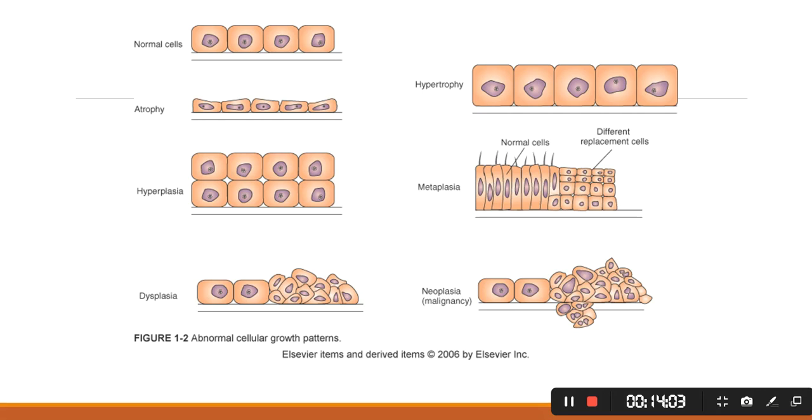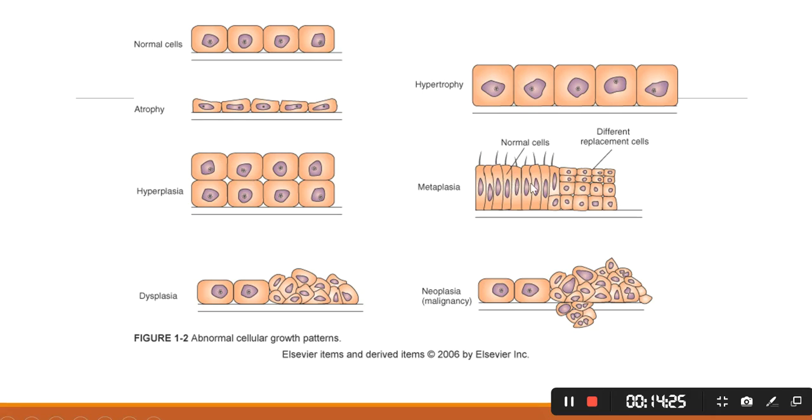Again, coming back to this diagram, just to remind you about the different changes that the cells undergo. Cells can undergo atrophy, as you see over here, no longer functioning, or they can undergo hypertrophy, bigger in size, or hyperplasia, greater in number, or they can form metaplasia.